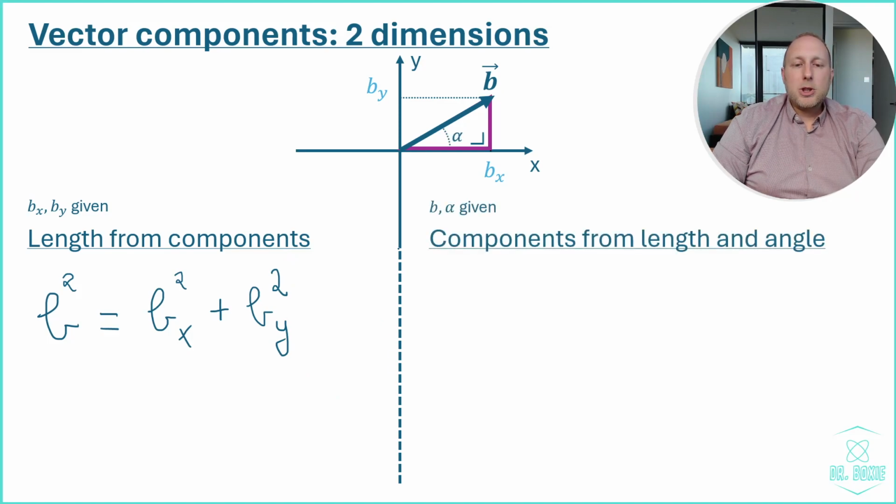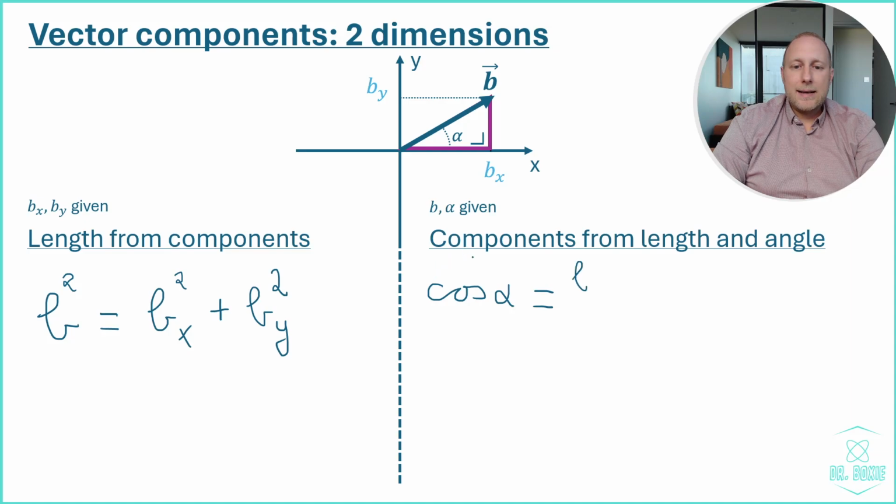Inversely, imagine that I'm given the length of the vector b and the angle alpha between b and the positive x-axis, and I'm asked what are the components bx and by. Well, I can again look at this same right triangle, but this time look at the cosine and the sine of this angle. The cosine of alpha in a right triangle is the adjacent side divided by the hypotenuse.